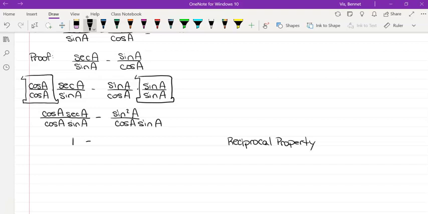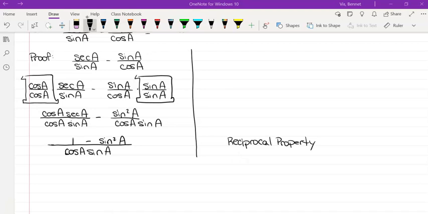And that 1 is over cosine times sine. And sine squared is also over cosine times sine, so I can merge them together here like this. Cosine times secant was 1 minus sine squared, all over the same denominator of cosine times sine. Lets me rewrite it there.